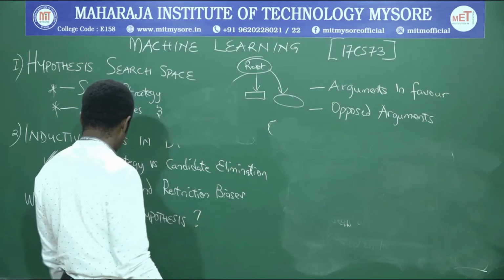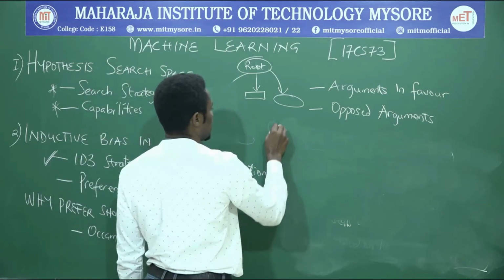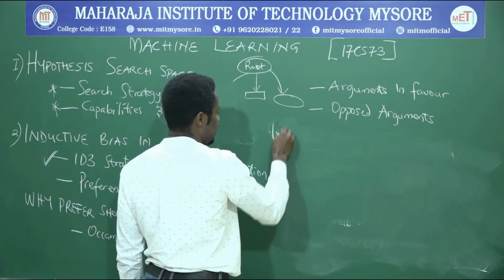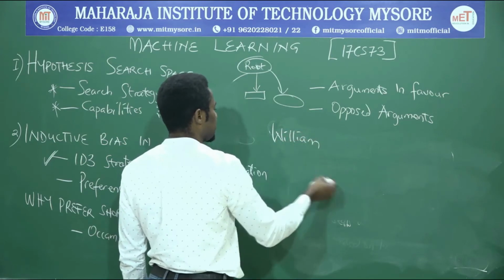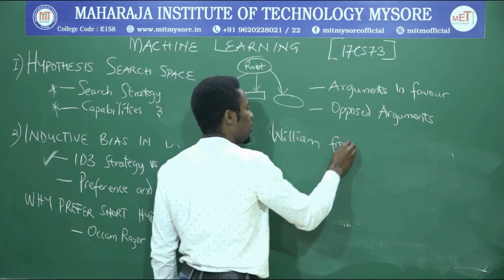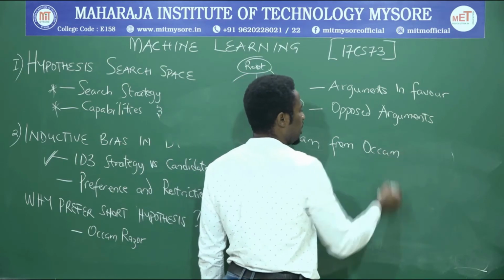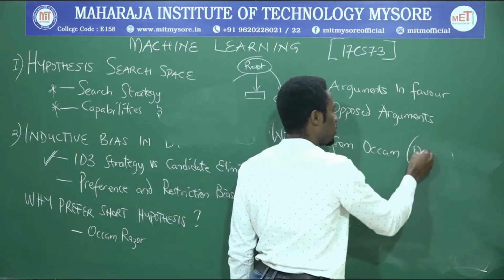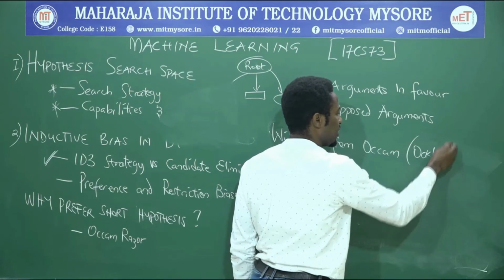So why prefer shorter hypothesis? Take a look at this. His name is William. We say Occam, O-C-C-A-M, but actually it's O-C-K-H-A-M, I think that's the correct spelling.